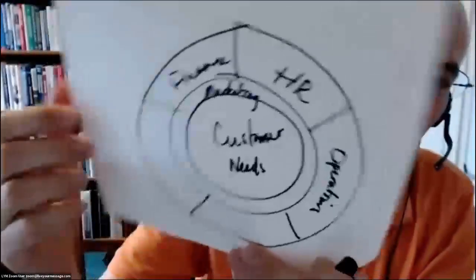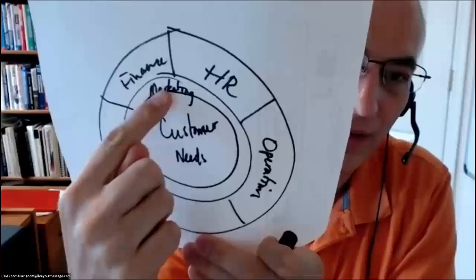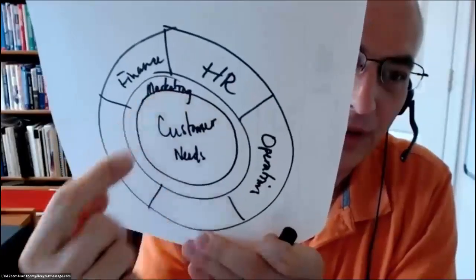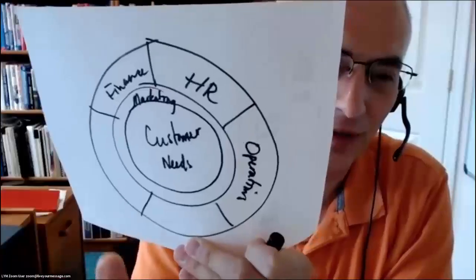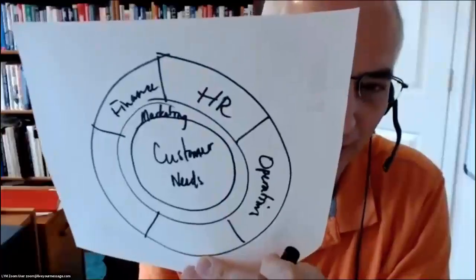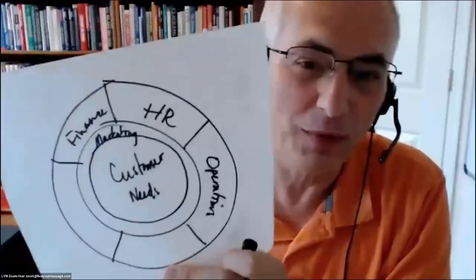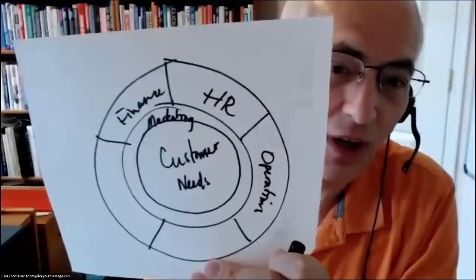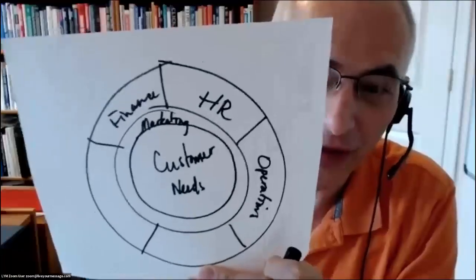Between those other departments and the customer needs, there's the marketing group. The marketing group is in charge of discovering the customer needs and translating them so that the other departments can figure it out. Okay, so this doesn't apply to most of us because most of us are the HR department, the finance department, the operations department, and every other department.